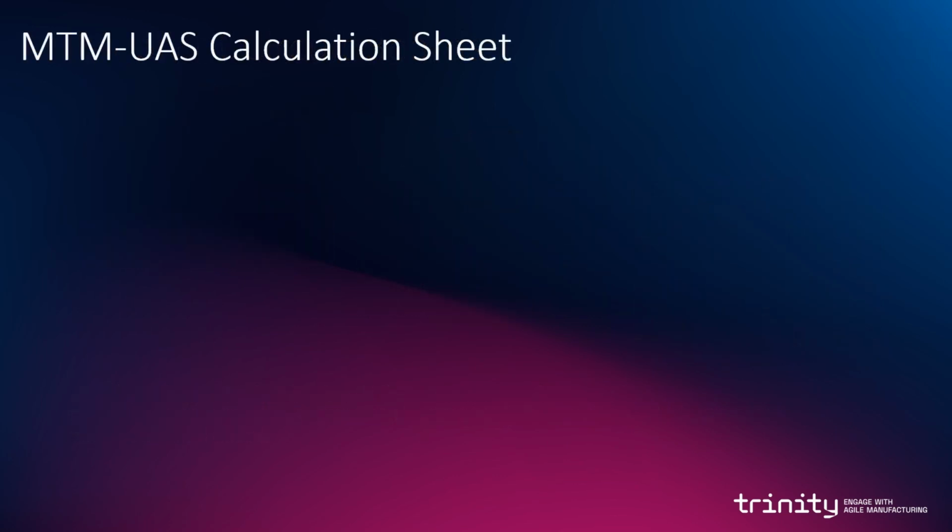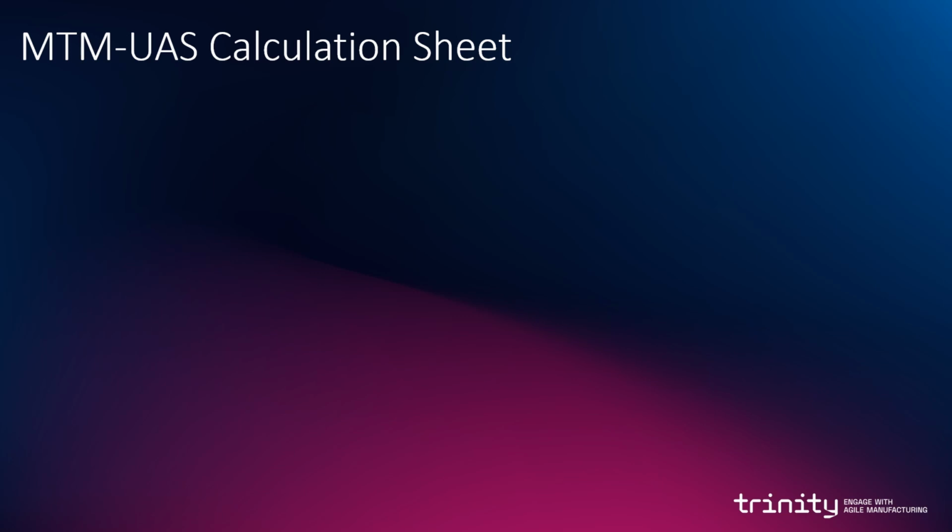As in my first video already explained, there are several options to carry out an MTM analysis. For example, an MTM time block table, a sheet of paper, a pencil, and a pocket calculator are enough.